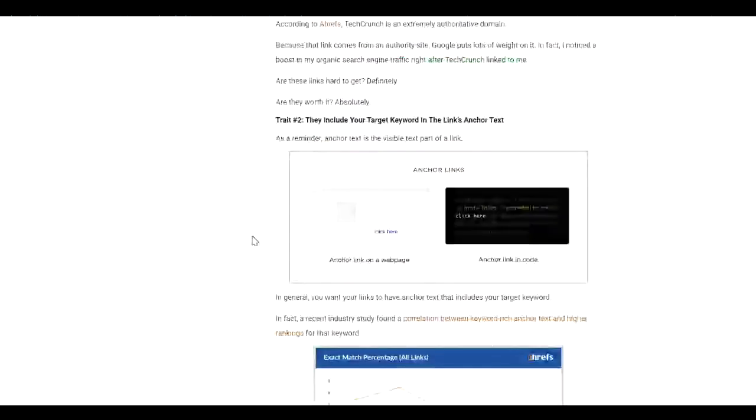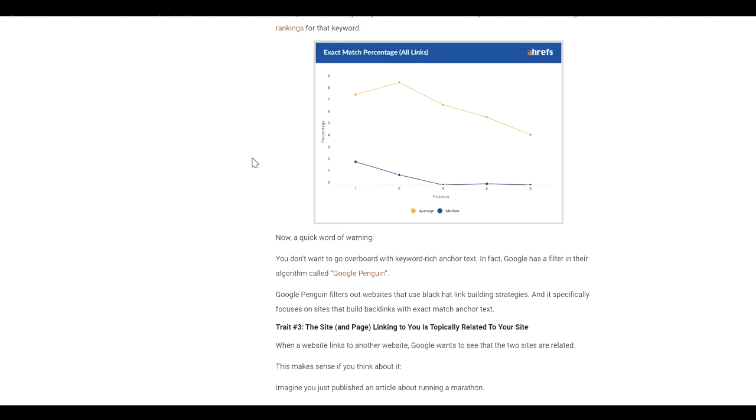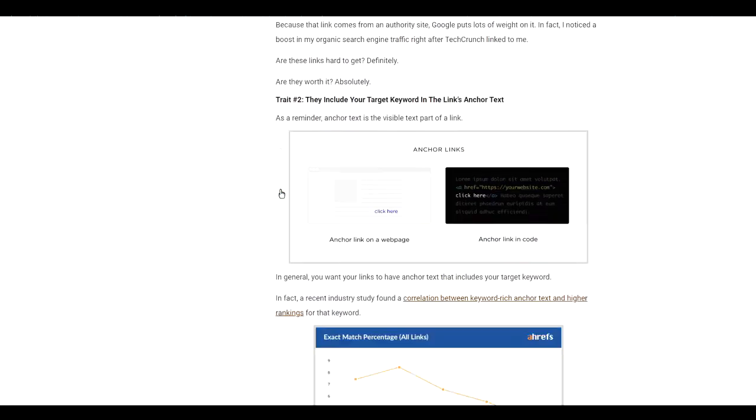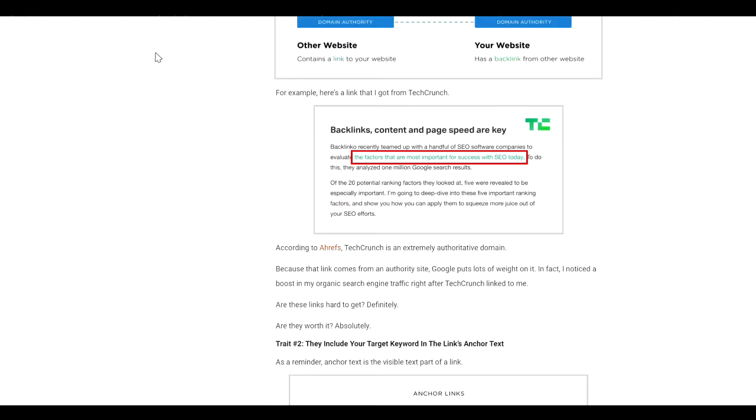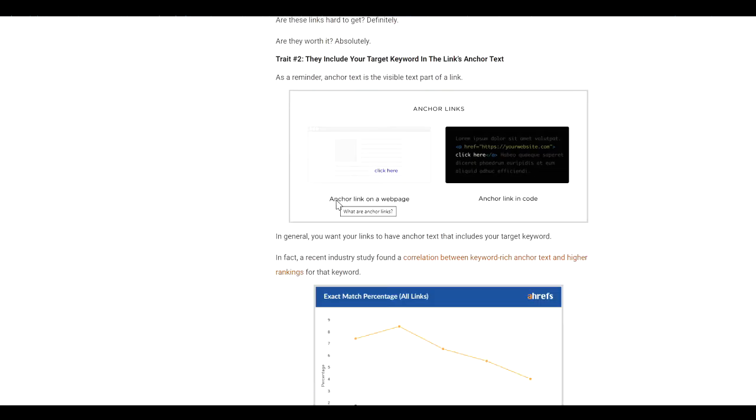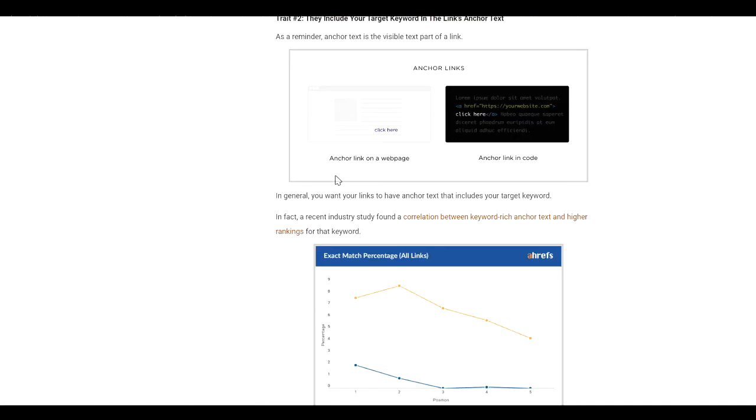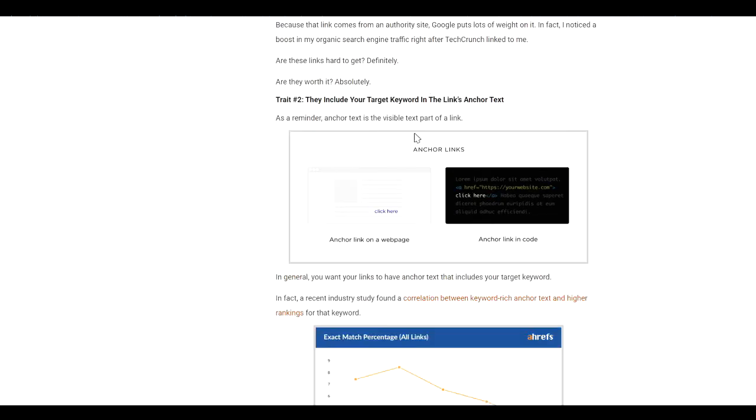Backlinko is ranking on a lot of different keywords, and he's probably on the top page. With this much information, with this much quality, you're definitely going to rank pretty high, and people are going to link back to you as well because of the high quality of the article you're writing.